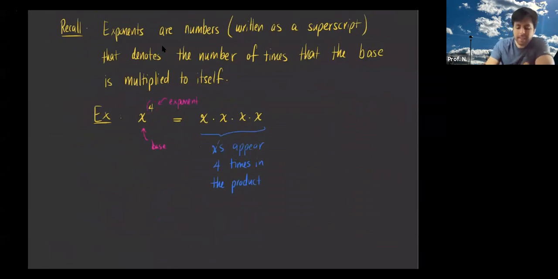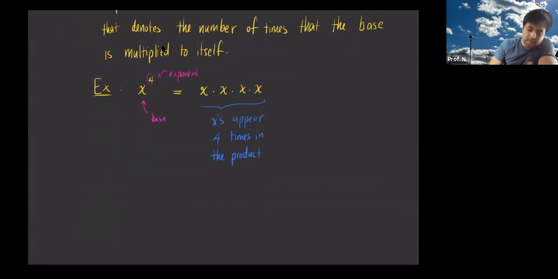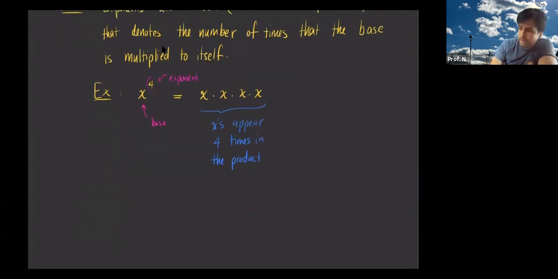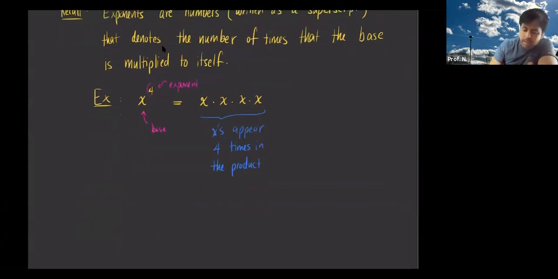Instead of writing x times x times x times x, I have a shorthand way of writing it using x raised to the fourth power. And this 4 is represented by a superscript. That's why we have this 4 above here, and that tells us the exponent. Okay, so that's something I feel like most of us have an idea of already.